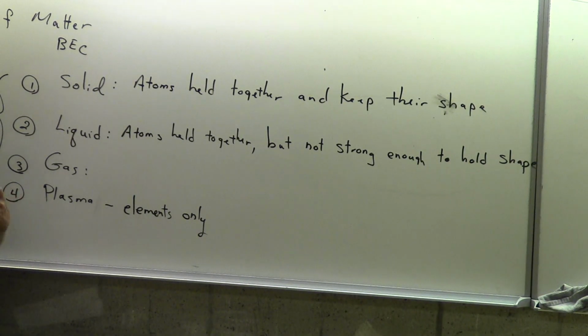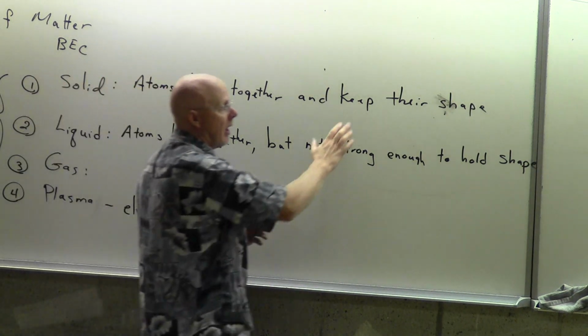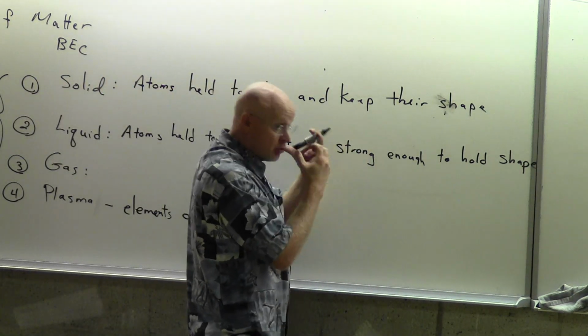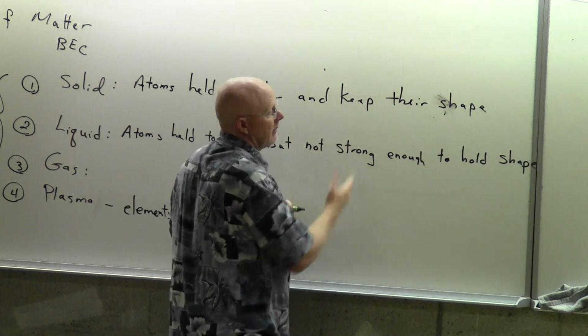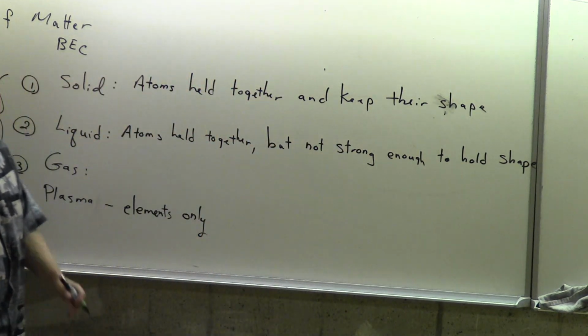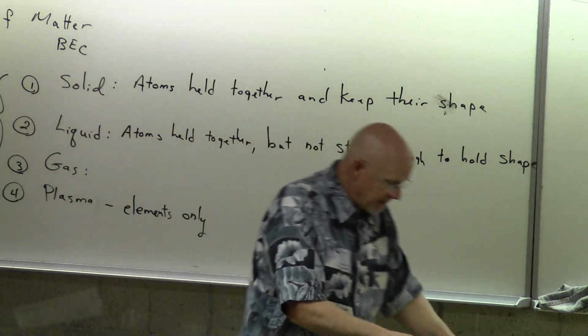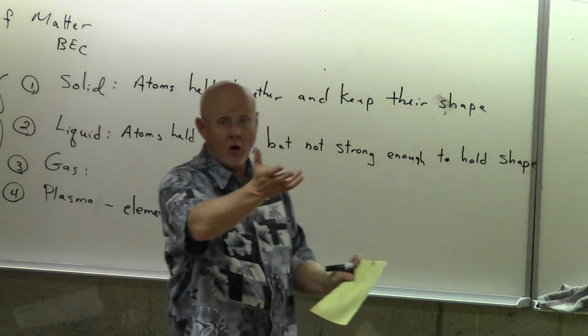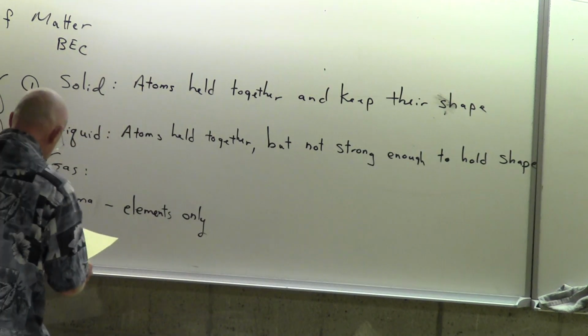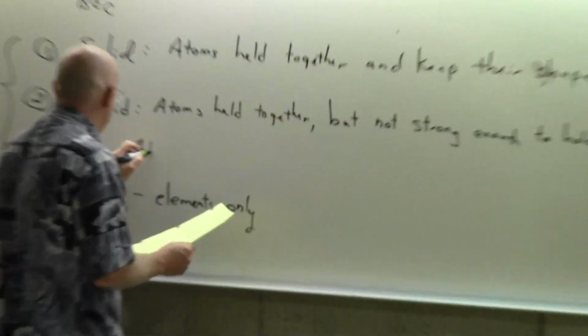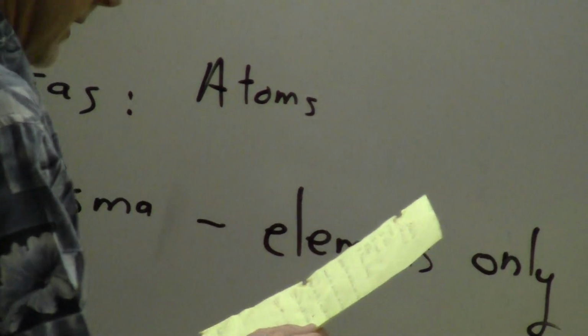And there's a lot of physics in this. And so hopefully you'll see that as we talk about a solid and a liquid, we'll begin to say, oh yeah, this is why a solid behaves different than a liquid. And it's all right here about how hard or how strong the atoms are held together and whether they would keep their shape or not. And of course, as I was trying to illustrate with my shaking of them, if you then warm it up even more, here I would say the atoms are no longer held together.